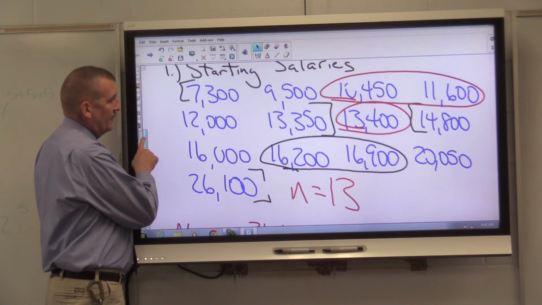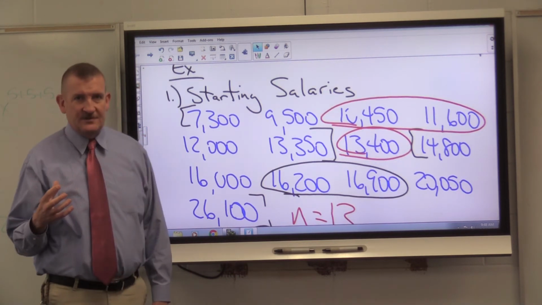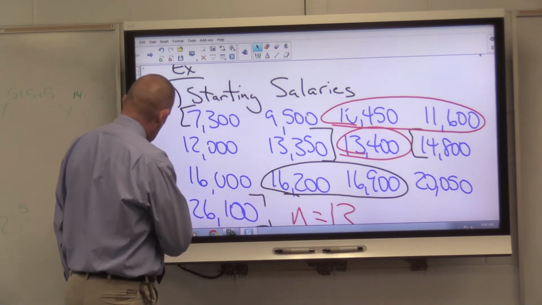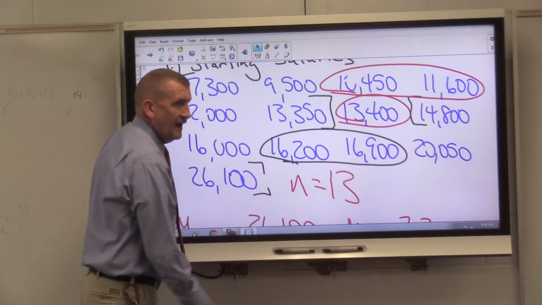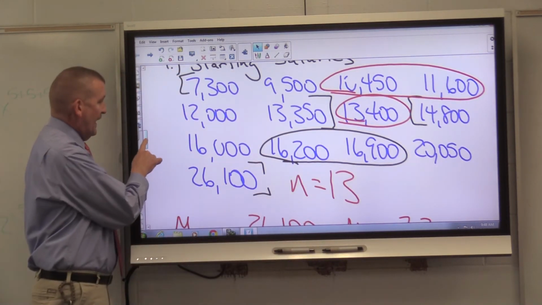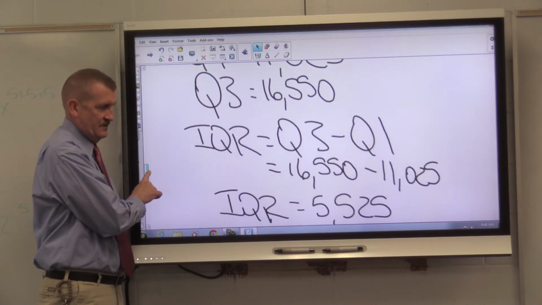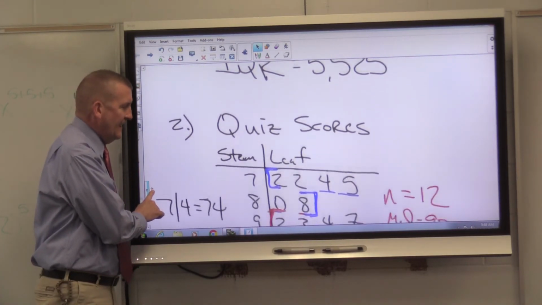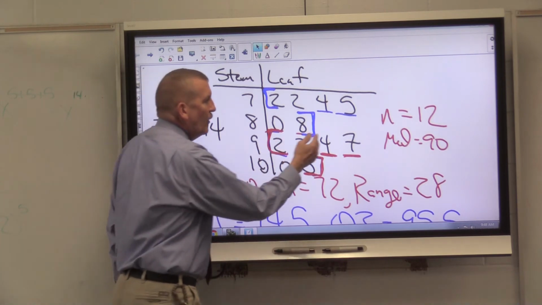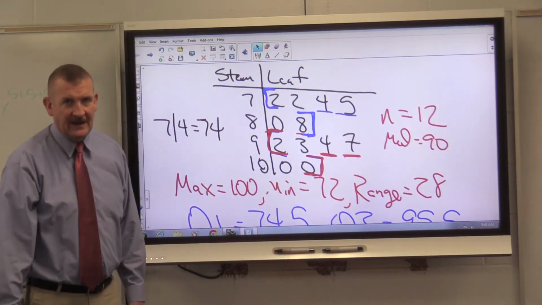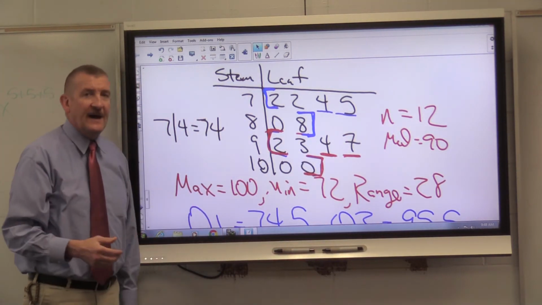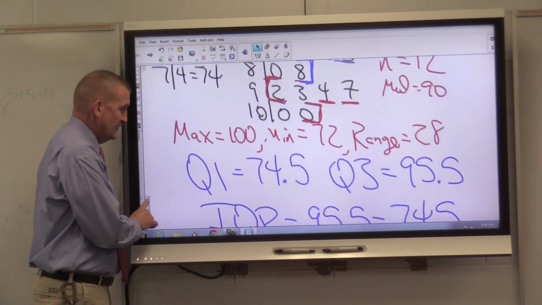Now everybody look here. We did 2 examples. I did one example where you had an odd number data set, and then I gave you an example where we had an even number data set, and I showed you how to find all 6 of these values.